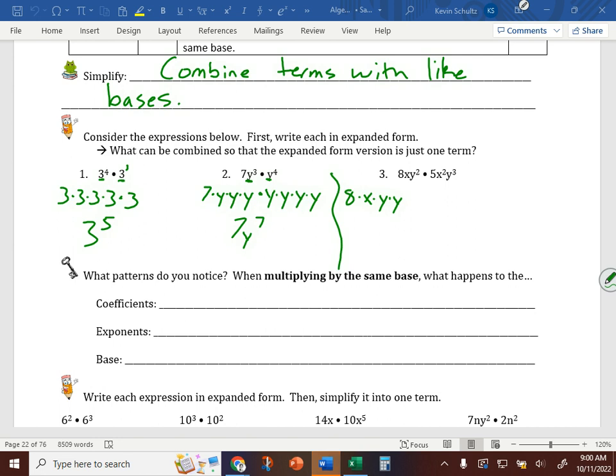It's x to the 1st. We don't write the 1, but it's there. So 8, 1x, and then y times y. And that second expression, we do have that coefficient 5 out in front also, but we do have x squared, which is x times x, and then y cubed, which is y times y times y.